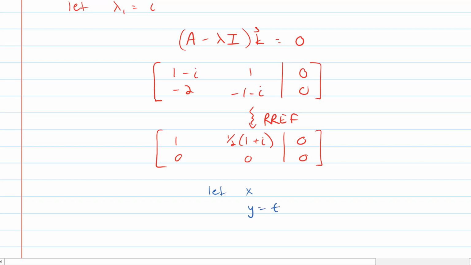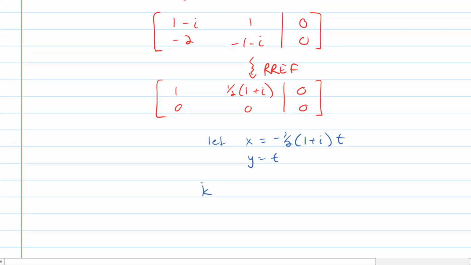Then we can see that x is going to be the negative of t times the y entry, so it's going to be -1/2 times 1 plus i times t. And then our eigenvector k1 is going to be -1/2 times 1 plus i, and then 1 in the bottom row. That's a little bit messy, so I'm just going to scale it and multiply it by 2, and get -1 minus i in the top and 2 in the bottom, like so.